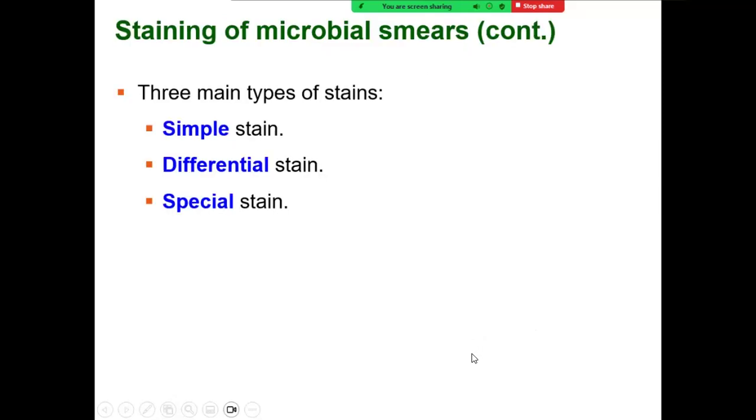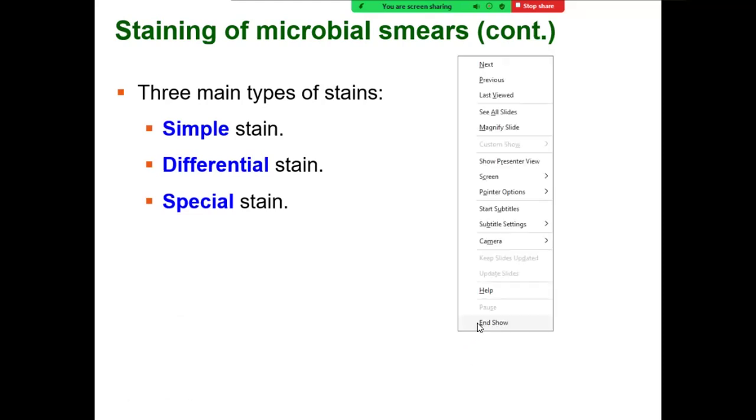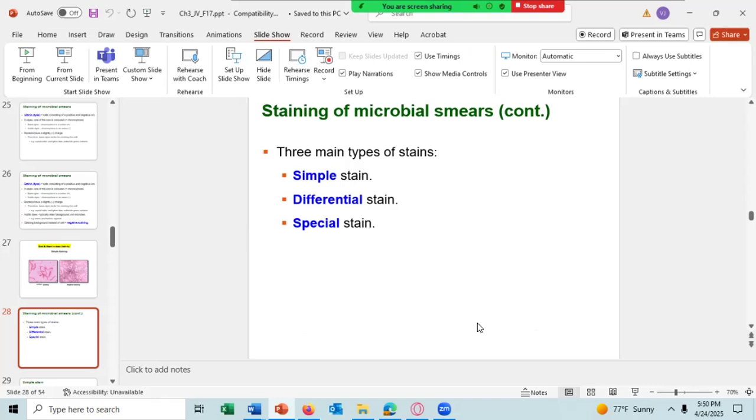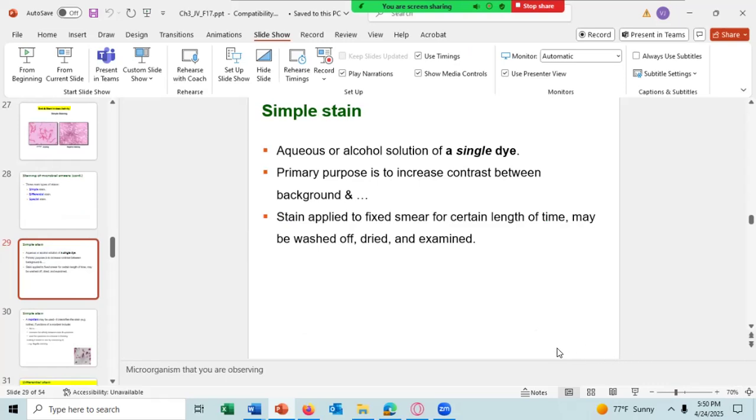All right, as I stated, there are three main types of stains: a simple stain, a differential stain, and a special stain. A simple stain is just an aqueous or alcohol solution of a single dye.